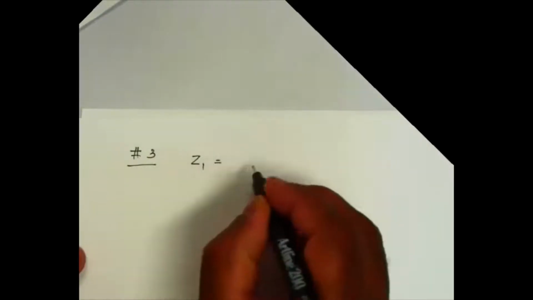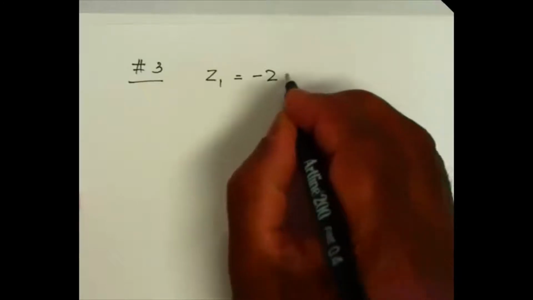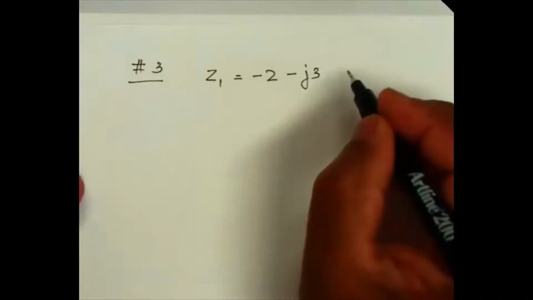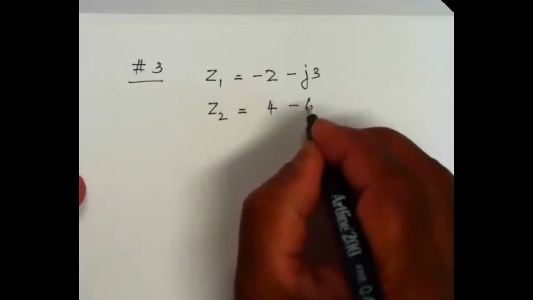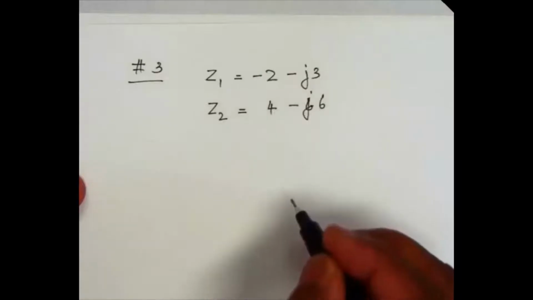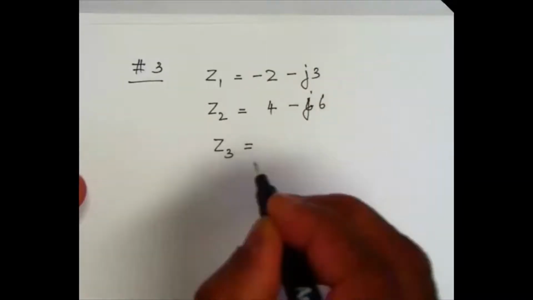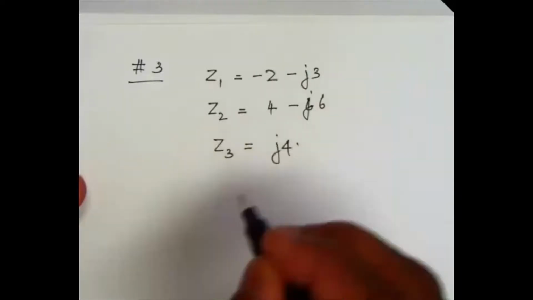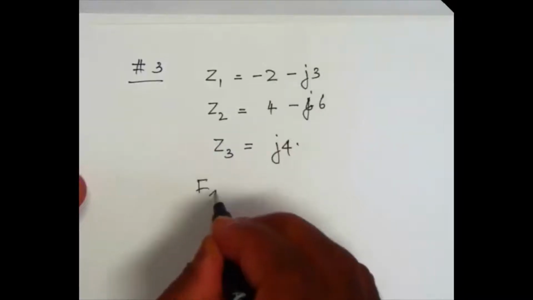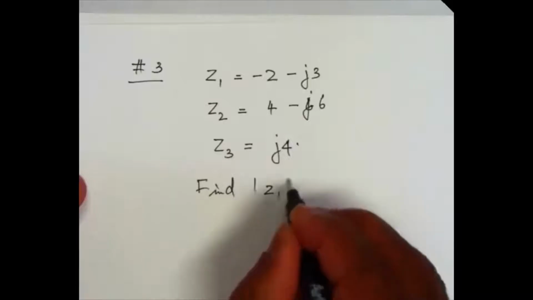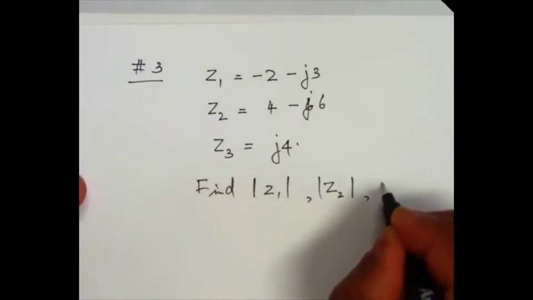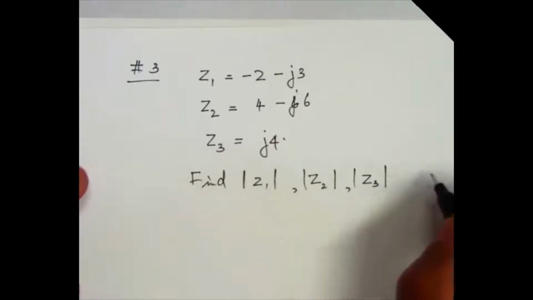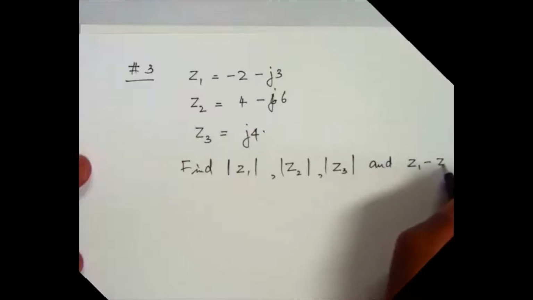If Z1 is equal to -2 minus j3, and Z2 is equal to 4 minus j6, and Z3 is equal to j4, we have to find the modulus of Z1, the modulus of Z2 and the modulus of Z3, and also the modulus of Z1 minus Z2.